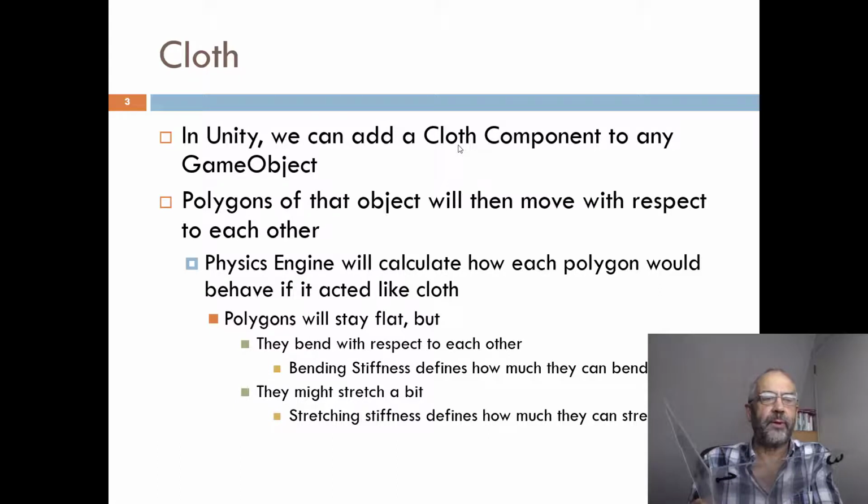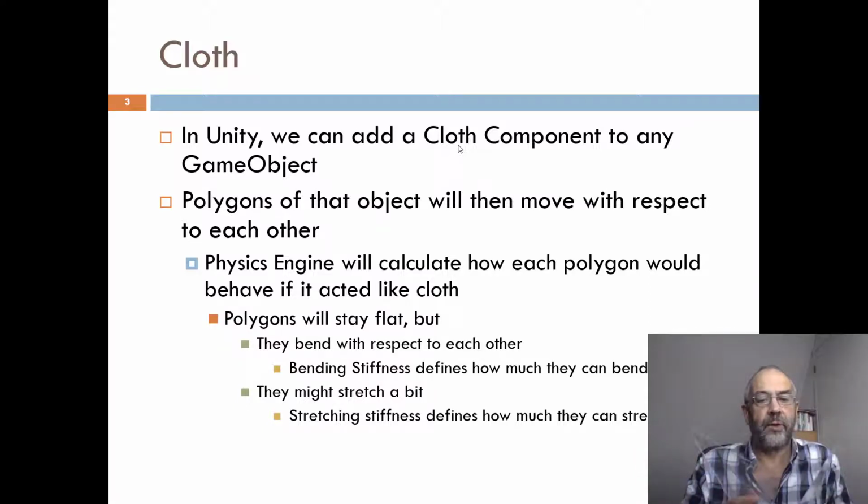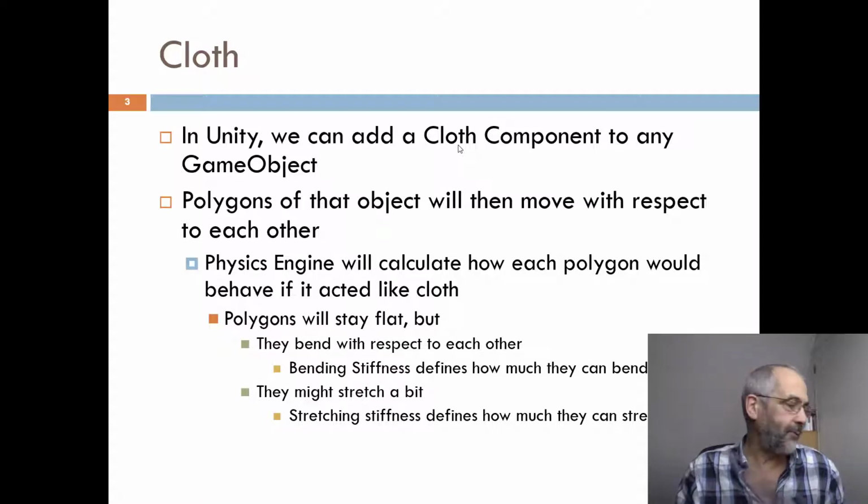The bending of polygons with respect to each other will be possible, and also polygons will be able to stretch. I cannot show that here. This is a fixed physical thing. But with these cloth polygons, they can be stretched, so they can be made longer or shorter. Depends on how the cloth is supposed to behave.